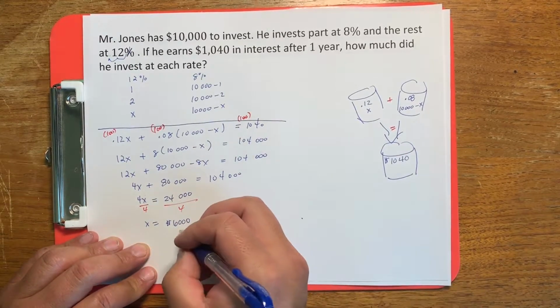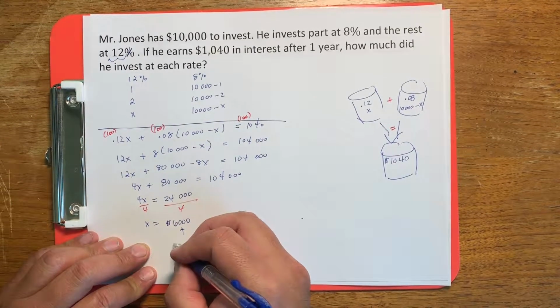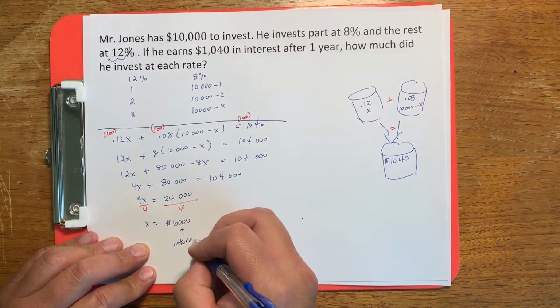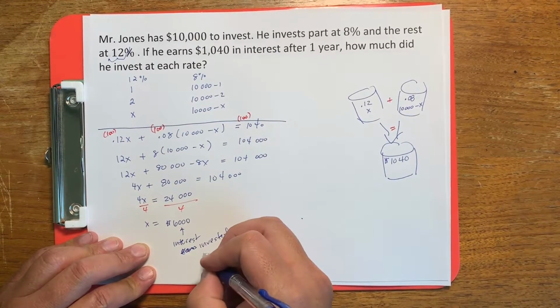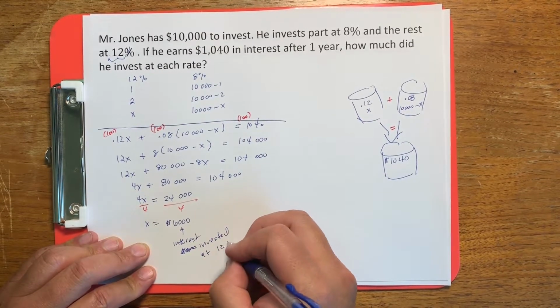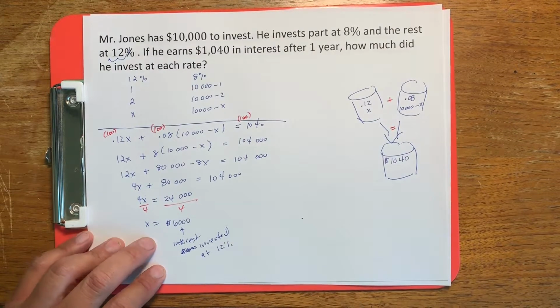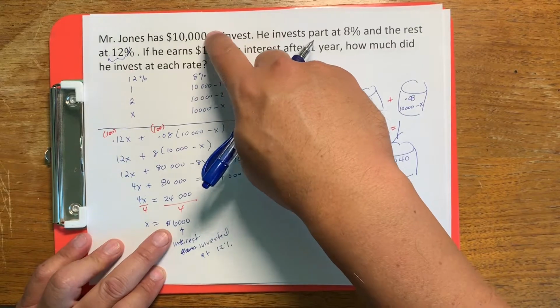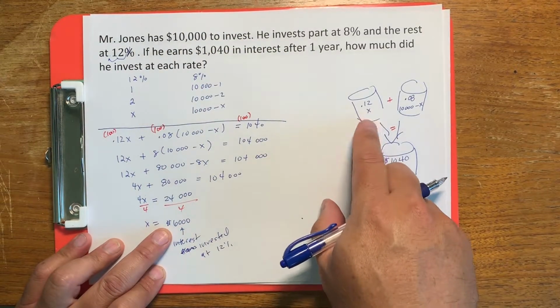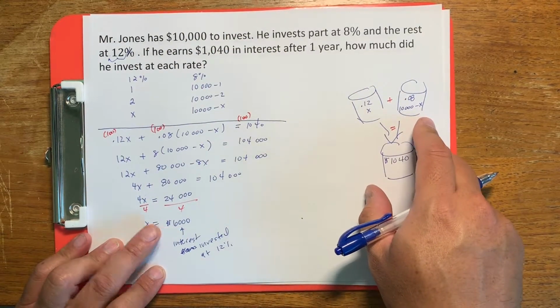Okay, this is the amount invested at 12% interest. Okay, so if we spent 10,000 total, we can see that if I put 6,000 here, I should get 4,000 here, right?